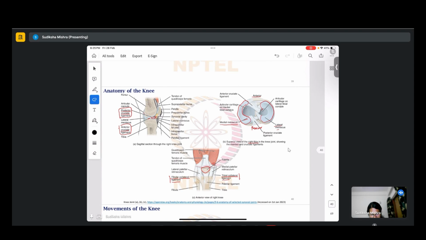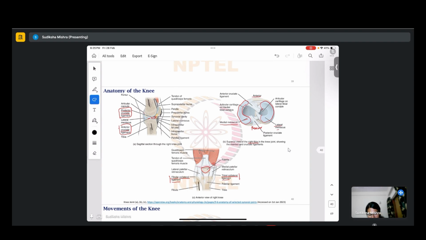Coming to the anatomy of the knee, this is the tibia. The main knee joint that we consider forms between the femur and the tibia, not the fibula.